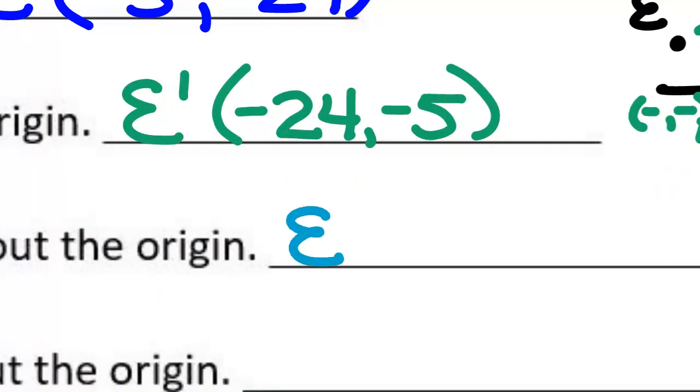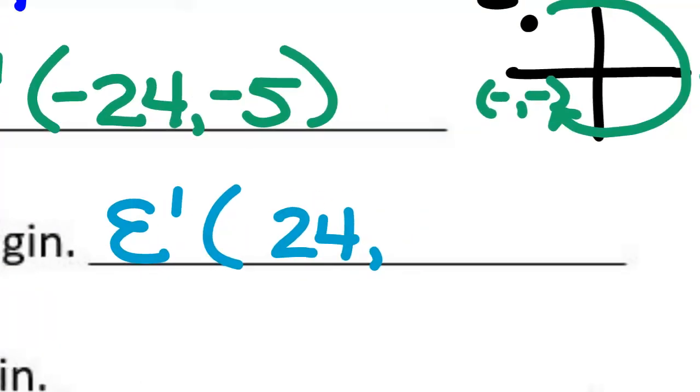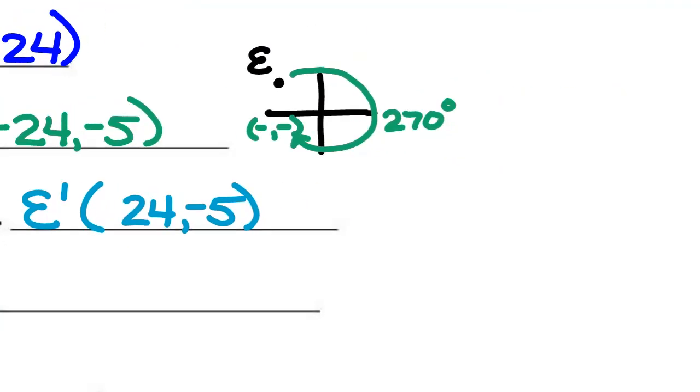So again, I know the order here is going to switch, so 24 and negative 5, but I don't know if my signs are correct or not. I need to sketch a little quick graph. Again, E is in quadrant 2, negative x, positive y.